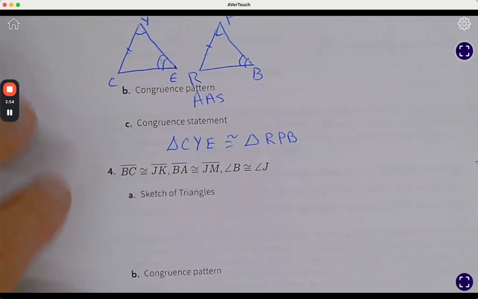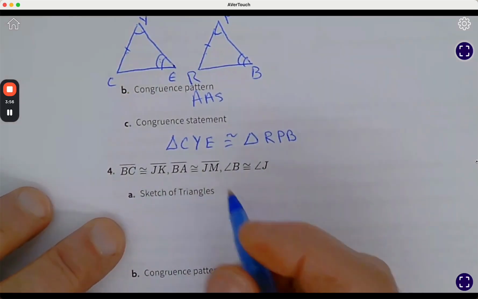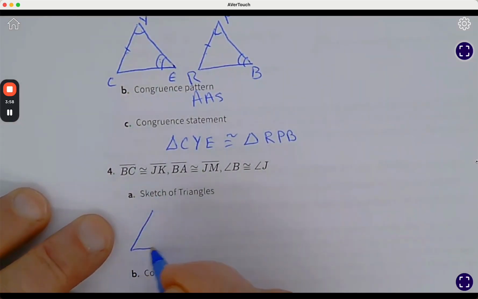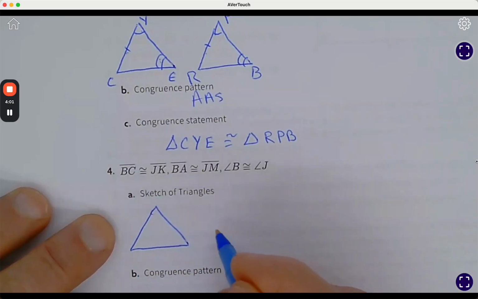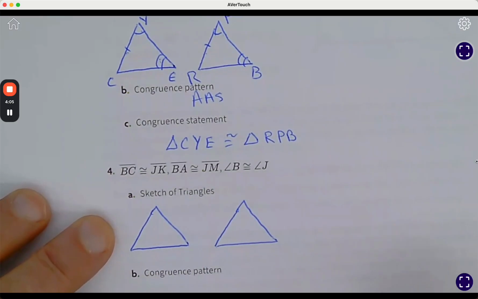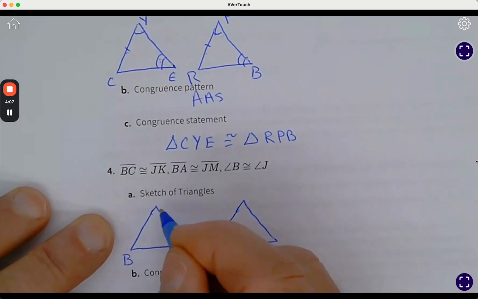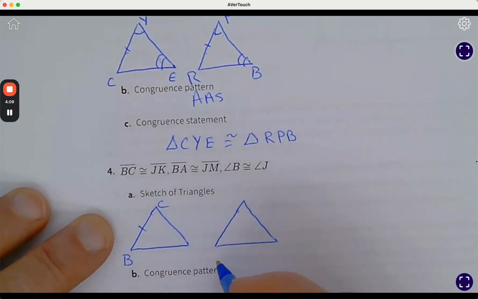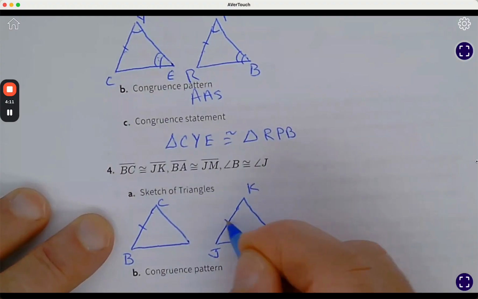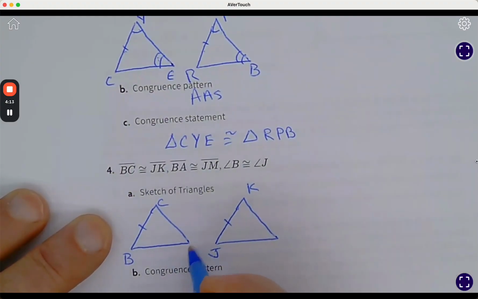Okay, let's do this one. Sketch the triangles. Boom. All right, BC. BC is congruent to JK. BA, this must be A, is congruent to JM.